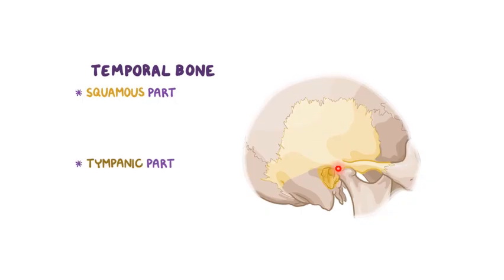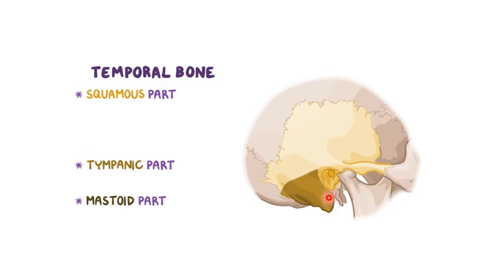Then you're going to have a tympanic part, that's the part where you're going to have your ear holes. And then you're going to have a mastoid part that is under here and at the back going down. So three parts for those temporal bones. Oh, another little bit, a petrous part. I always forget about that one.